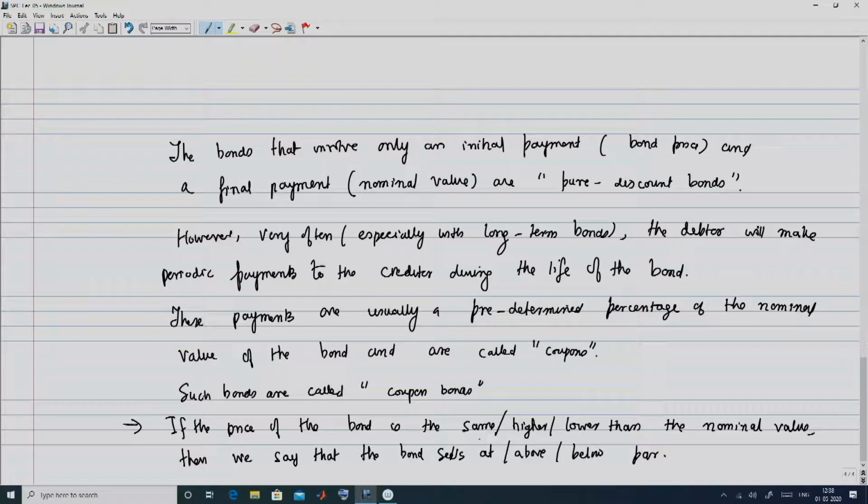So, this means that if the price of the bond is the same as the nominal value, then we say that it sells at par. If it is higher than the nominal value, then we say it is trading above par, and if it is less than the nominal value, we say that the bond is trading below par.